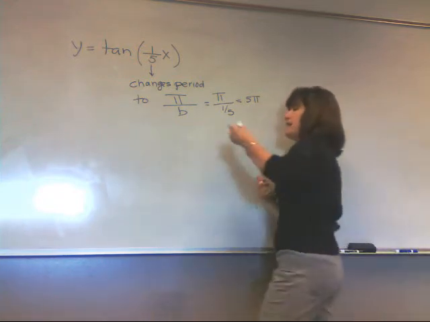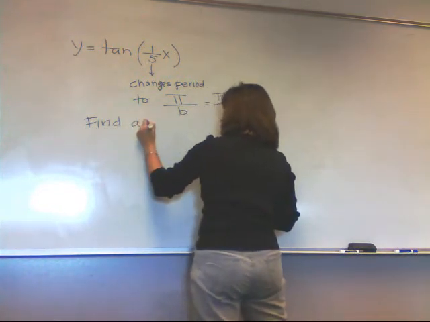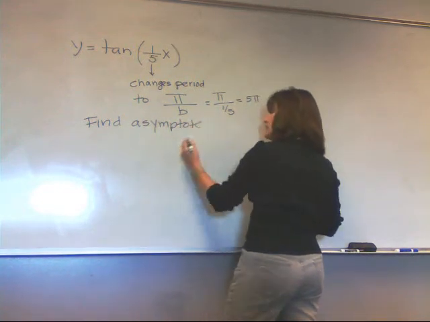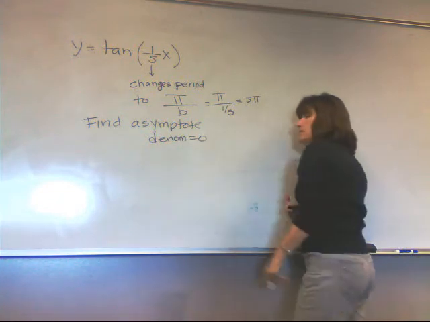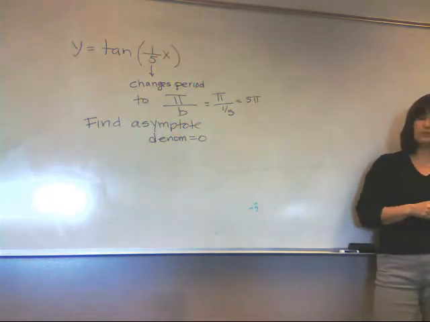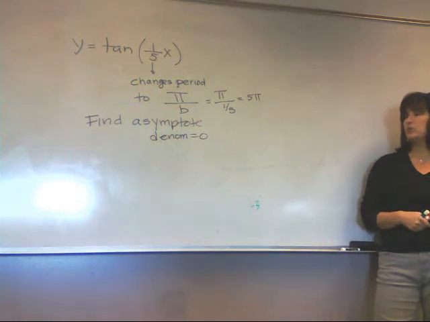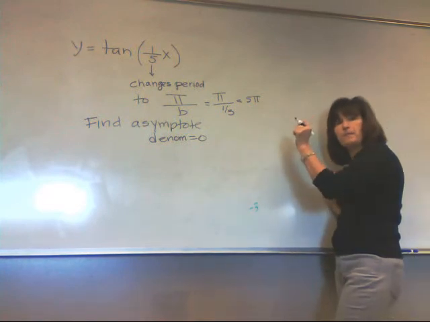So how do we find the asymptotes? This is the part that students usually have a little trouble with. You guys seemed to get it okay the other day, but let's see. Asymptotes occur when the denominator is 0, when cosine equals 0.